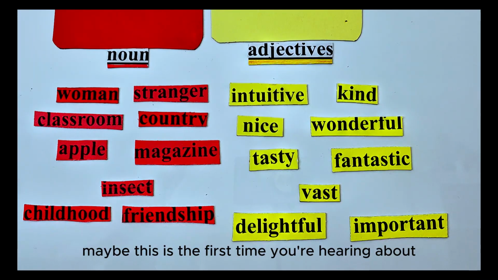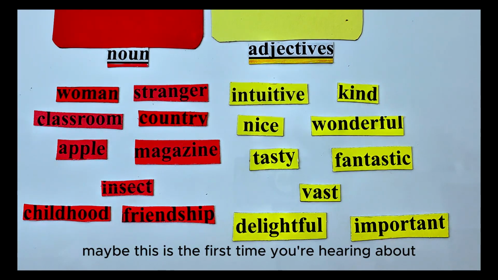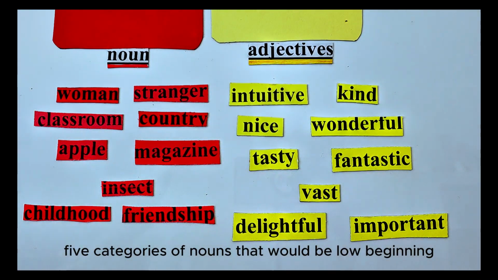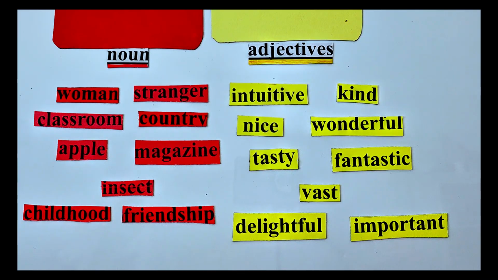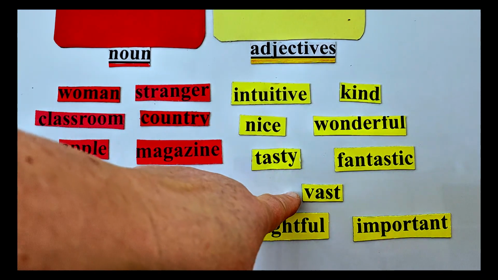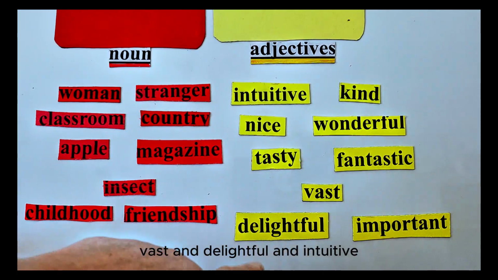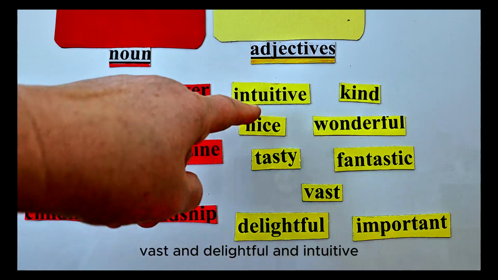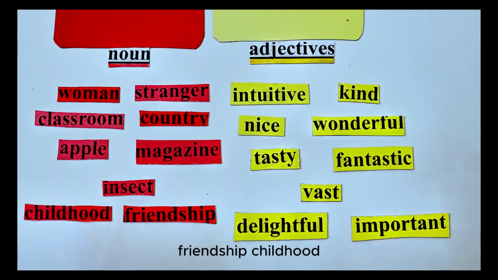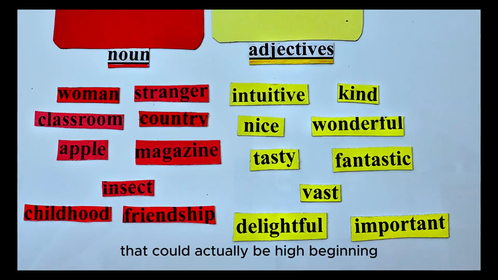Maybe this is the first time you're hearing about 5 categories of nouns. That would be low beginning. Maybe this is the first time you have heard the vocabulary vast and delightful and intuitive, friendship, childhood. That could actually be high beginning.